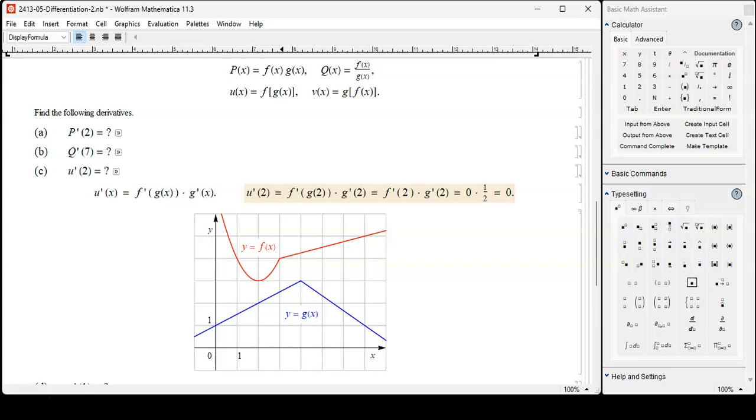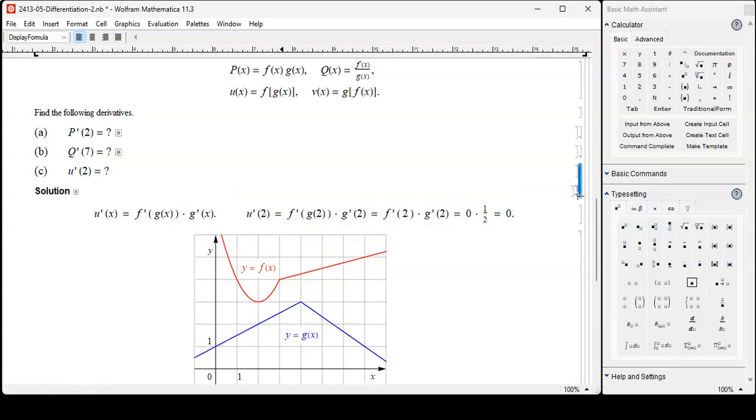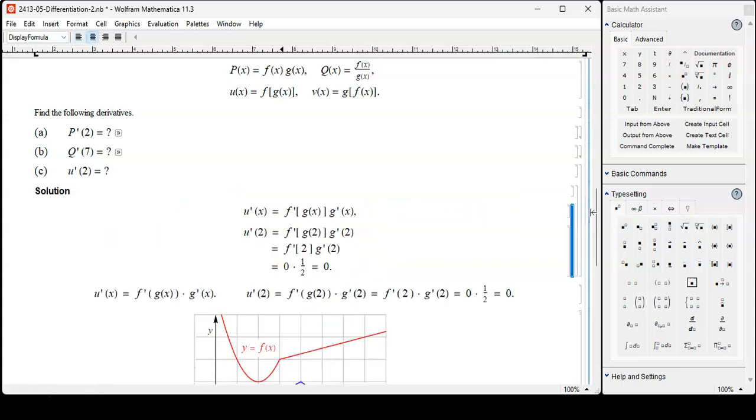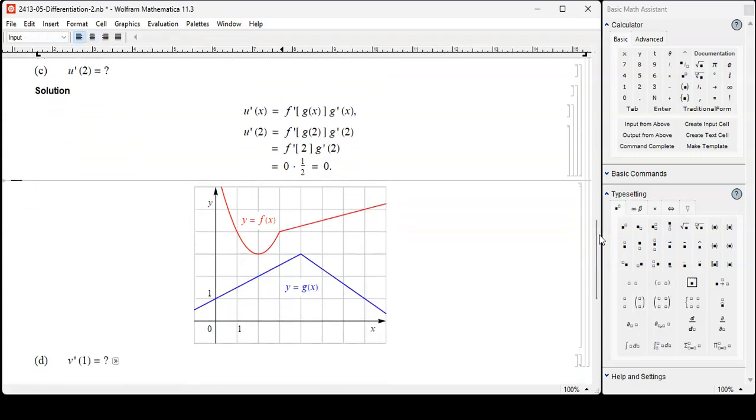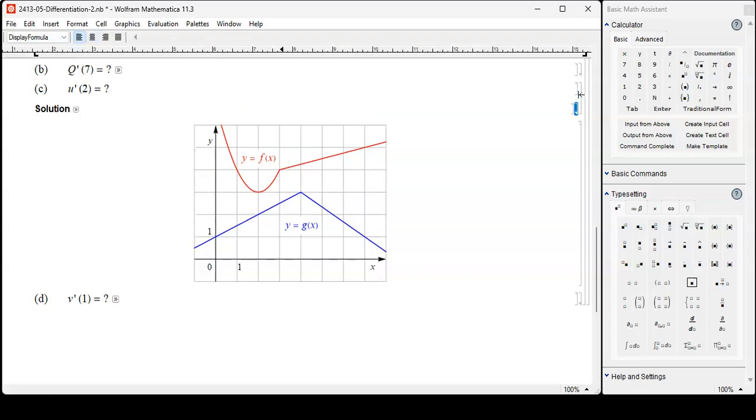We get 0. 0 times something is 0. Here's the computation. We end up with 0. f prime of 2 right here, that's 0. Luckily, we didn't have to do any estimation.